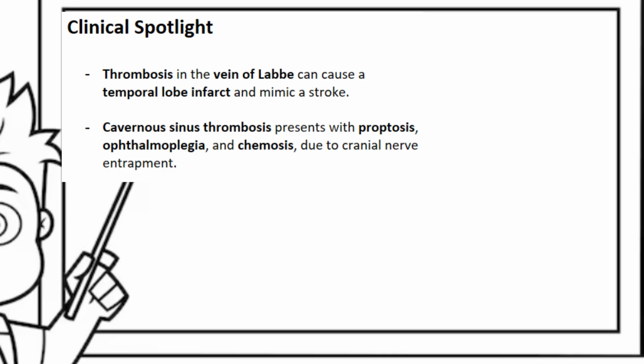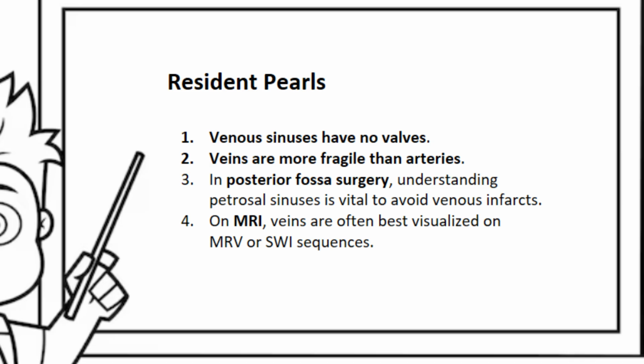Remember, variability is the norm in venous anatomy, and some people have hypoplastic or absent sinuses, making them more vulnerable to congestion or hemorrhage after trauma or surgery. That being said, I would like to mention four things that neurosurgeons always tell their residents. 1. Venous sinuses have no valves. As such, pressure can shift bidirectionally. 2.